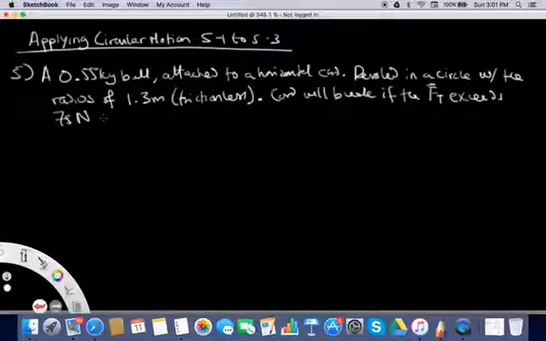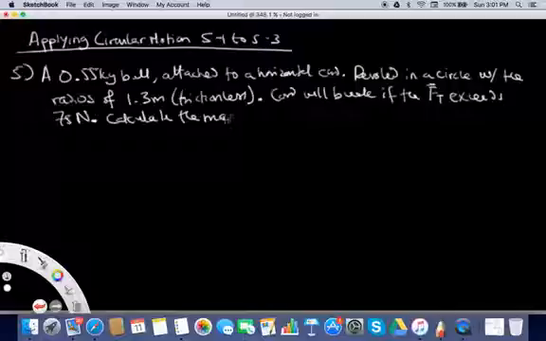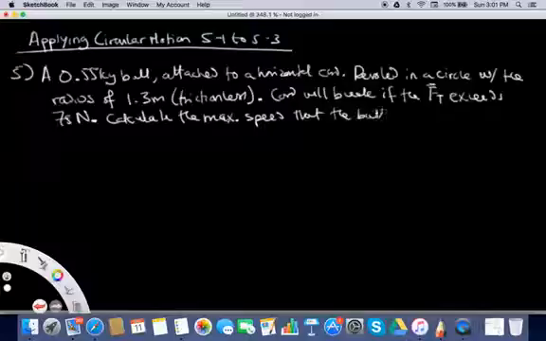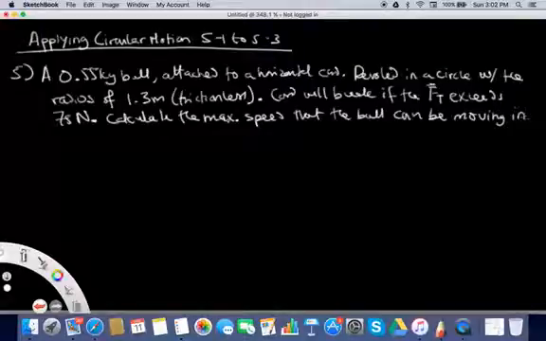And it asks us to calculate the maximum speed that the ball can be moving in. All right, so this is the problem.